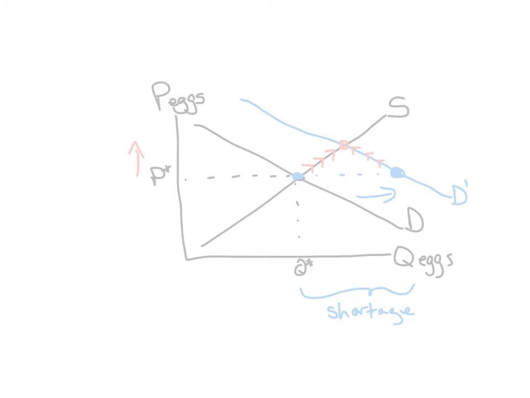And eventually supply and demand will meet once more at a new equilibrium, P star 2, Q star 2. Okay, so here we see that in this scenario, eggs end up becoming more expensive and more of them are being bought and sold.